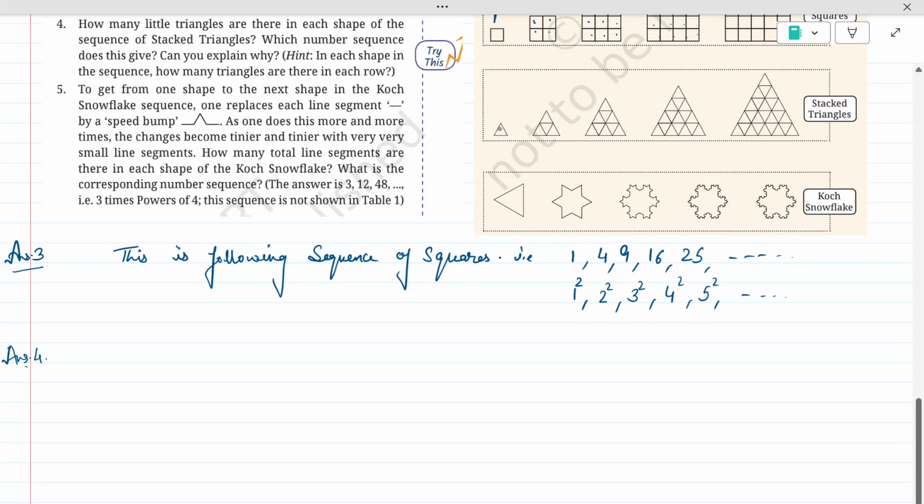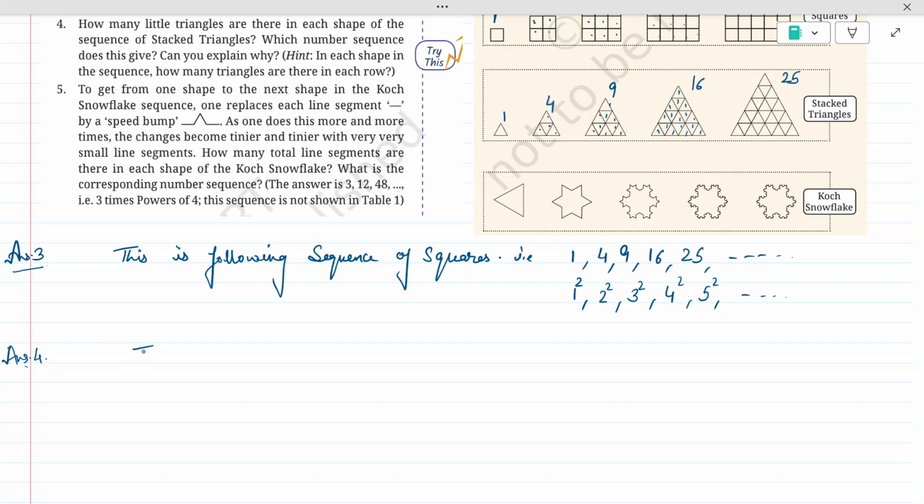Little triangles. 1, 1, 2, 3, 4, 1, 2, 3, 4, 5, 6, 7, 8, 9, till here, and then 10, 11, 12, 13, 14, 15, and 16, and this must be 25. Okay, so which sequence is this following?